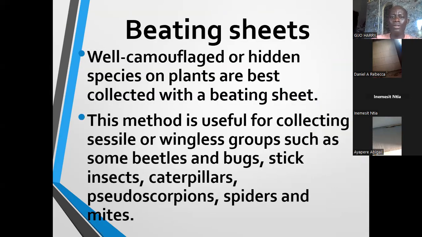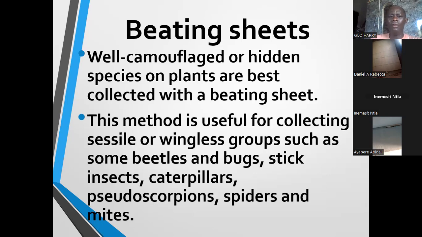We also mentioned the use of beating sheets that are used to collect insects and arachnids that are hidden in leaves of trees. You have a white sheet that has a handle and a stick, used to collect insects such as the beetles, the bugs, the stick insects, the caterpillars, the pseudoscorpions, the spiders, and the mites.